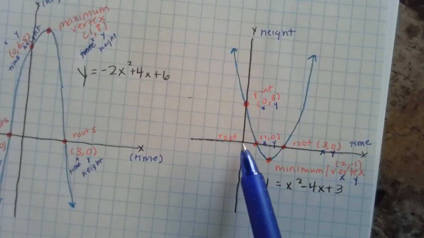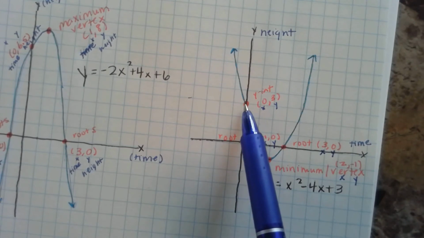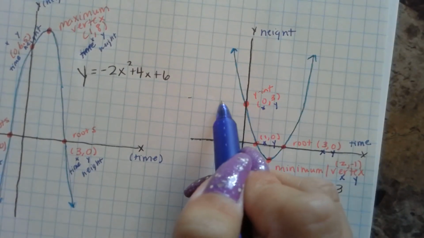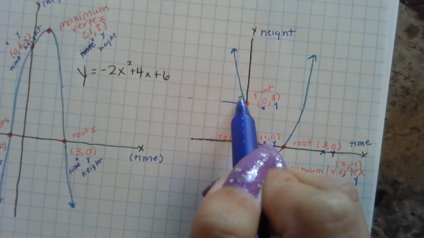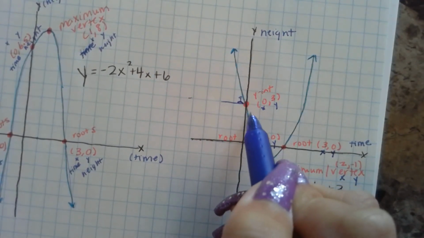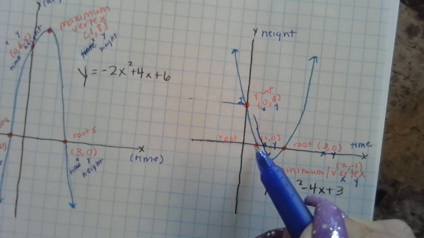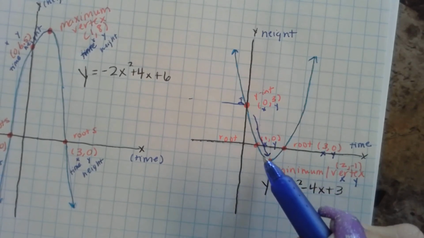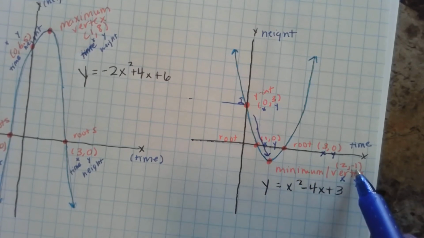So here, you may have started here, going down, obviously, because we have a minimum. So if you start here and you are jumping down and then you hit some water, you finally hit the water at x is time, 1 second. Then you go deep and get down to -1 feet.